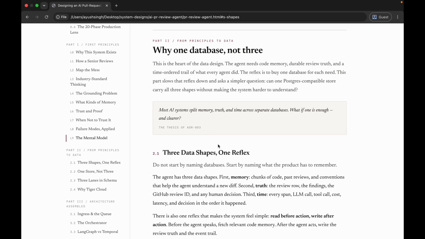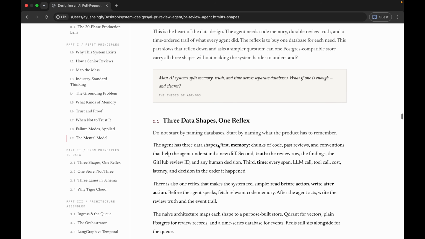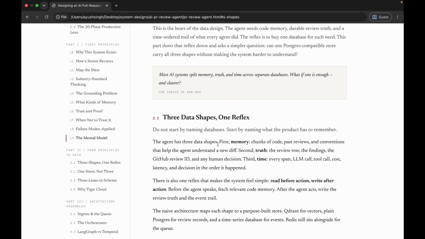So with respect to what we want to do, we saw that an agent has three stages in general. The first shape is our memory. If you look at that memory, it has chunks of code, past reviews, and conventions that will help the agent understand a new diff. So anytime a new PR is made, it needs to look at the chunk of code which it can call.